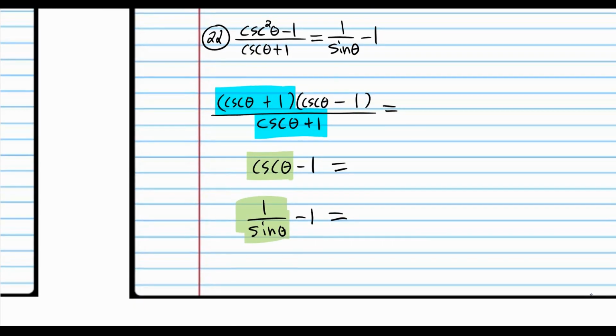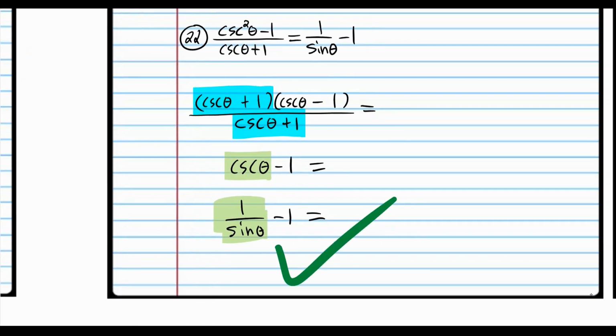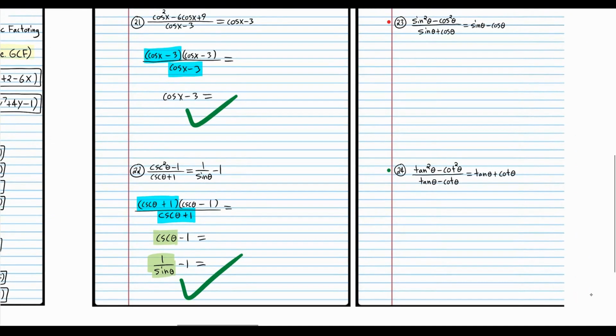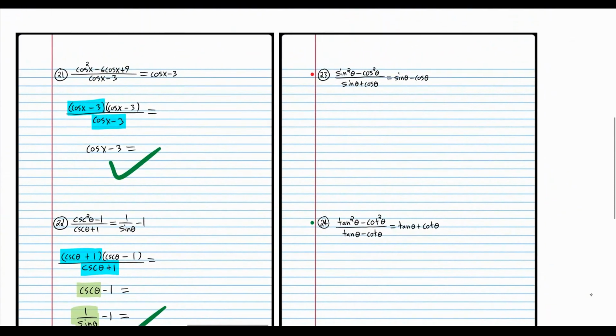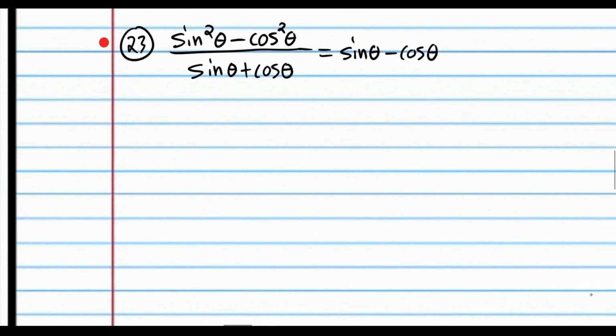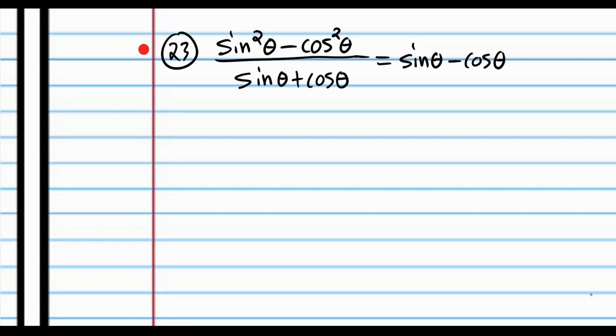All right, so if you got that one right, excellent. So those were examples where we had to factor. And now we're going to do a couple more examples. Here we have the difference of two squares again. So it's going to factor to the product of two binomials. What expression times itself is equal to sine squared theta?